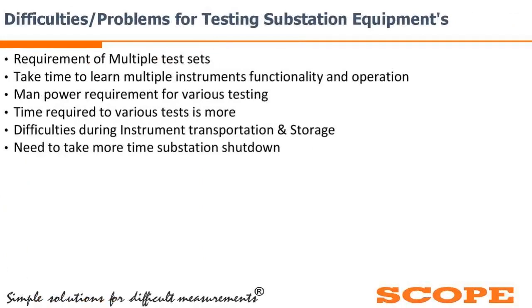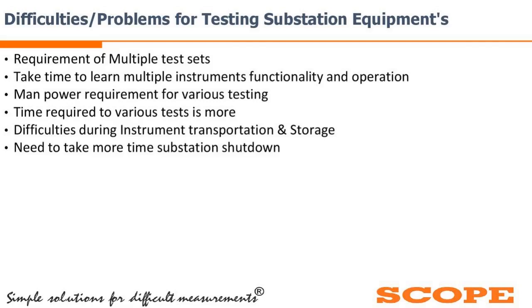So as we have seen, there are different equipments of the substations. During the testing of these equipments, we are facing multiple problems and difficulties during substation testing. So what are the difficulties? We require multiple test sets, and it takes time to learn the functionality and operation of multiple instruments. Also, manpower is required for various testings, and the time required for various tests is more.